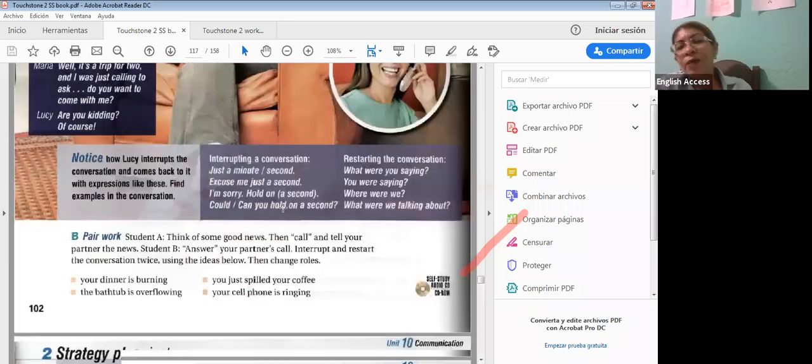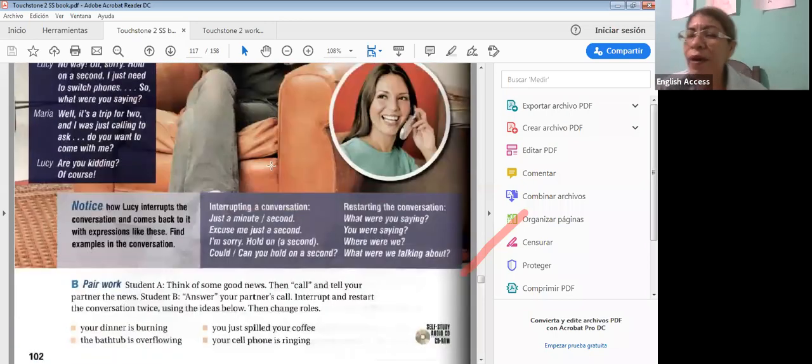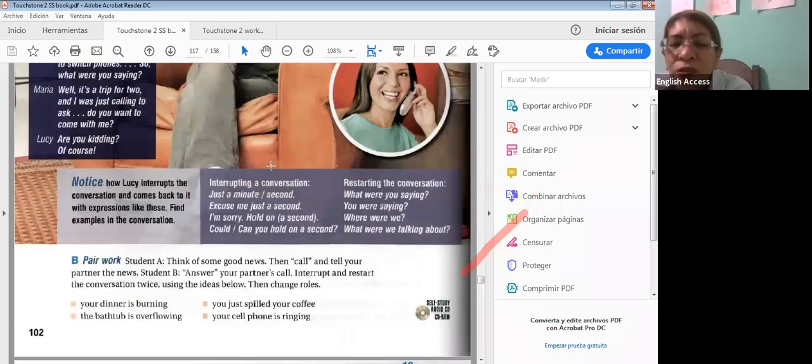Once again, remember, this is about expressions that we can use in order to interrupt or restart a conversation. Pay attention here. When you want to interrupt a conversation, we can use these expressions: just a minute, just a second, excuse me, just a second, I'm sorry, hold on, I'm sorry, hold on a second, could you hold on a second, can you hold on a second?